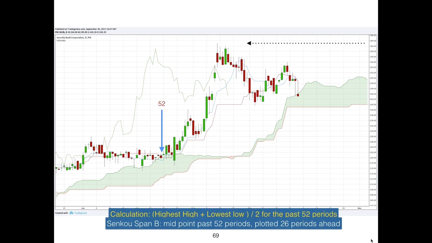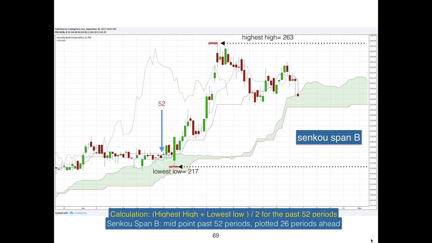The highest high is 263, while the lowest low is 217. So to get to Senkou Span B, you add these two values and divide that by 2 to get 240. That 240 is plotted as part of the Senkou B line.